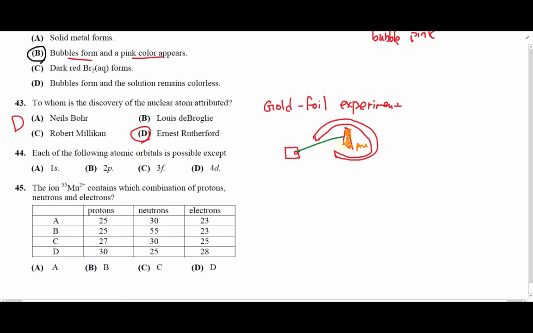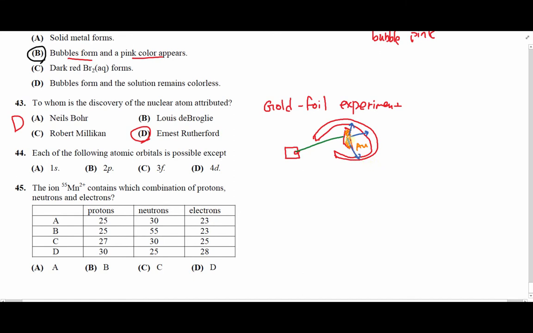Most of the emission went through the gold foil because the atom is mostly empty space, so it would go mostly straight through. However, some of them deflected due to the presence of the nucleus.